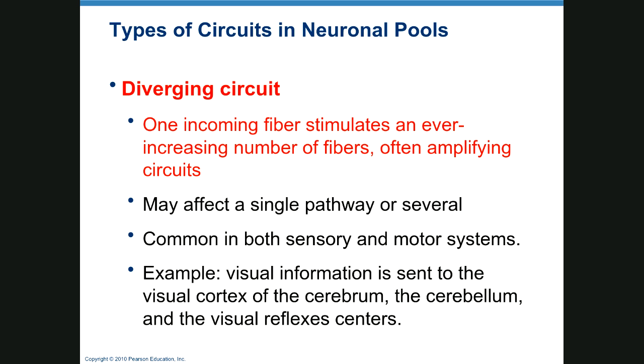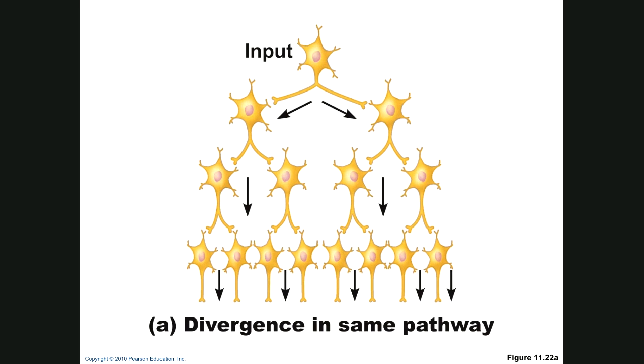So, for example, visual information sent to the visual cortex is being sent initially by one neuron. And when I say one neuron, I should say it's not one neuron, but one pathway of neurons. And from there, the information will begin to spread to other pathways of neurons going to different parts of the brain.